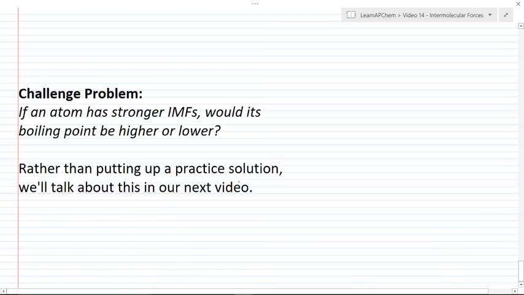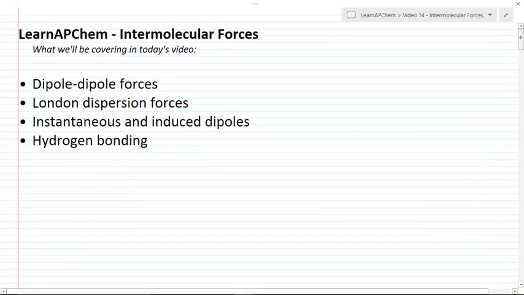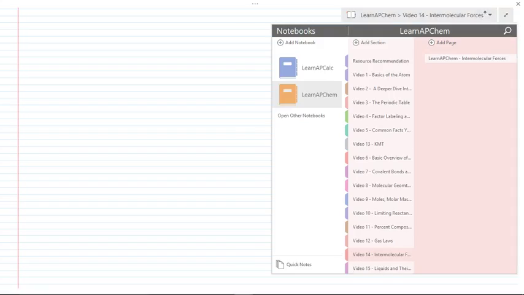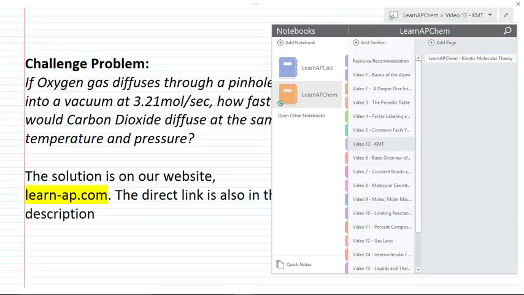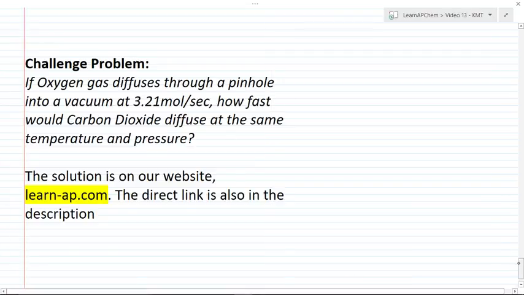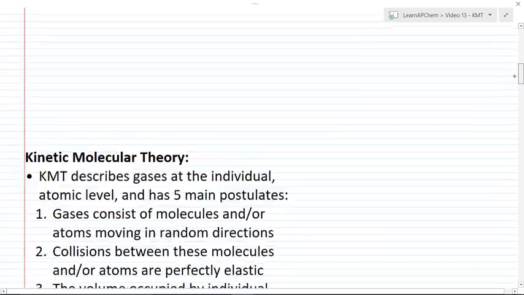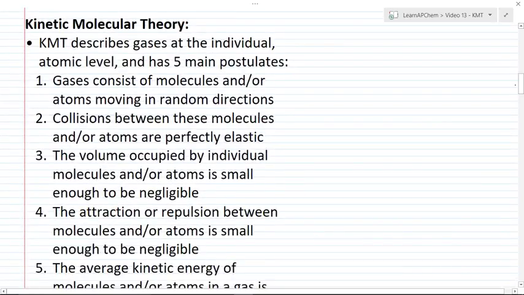Yeah. No, we did this one. I don't know why that gets moved around like that. It's sort of weird. Okay, so we talked about kinetic molecular theory.